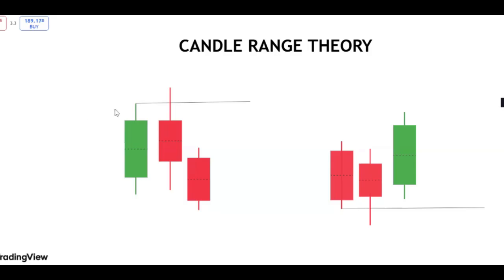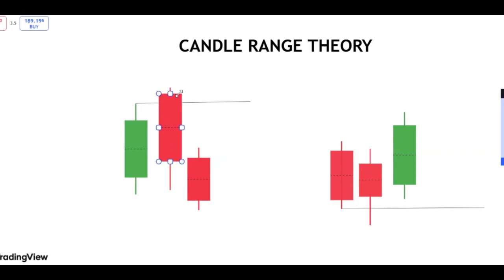Now, the second thing we need in candle range theory is price taking out the highest point of the previous candle, that is the immediate candle, and then retracing back to close below the high of the previous candle, right? This is a clear manipulation. If price had closed above here, what does it show?